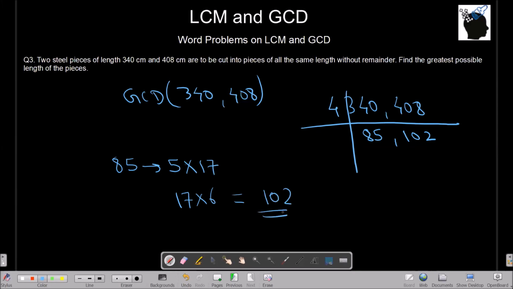So that means they have one more common factor, which is 17, which will give us 5 and 6. So the GCD of 340 and 408 is 4 into 17, which is nothing but 68. So the greatest possible length of the pieces is the GCD of 340 and 408, which is 68.